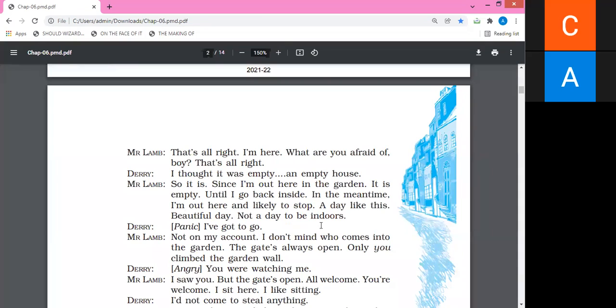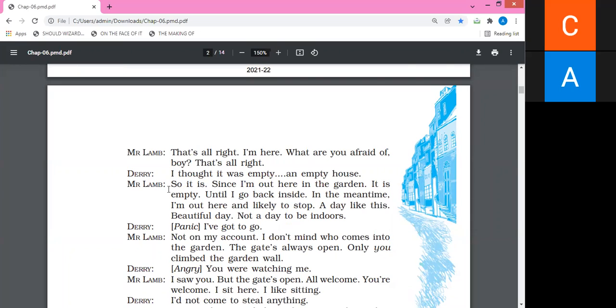Just look at this particular dialogue of Mr. Lamb. If we look at this particular point here, Mr. Lamb is a little bit comical. I think you are very clear. So, highlighting that particular point, so it is empty.